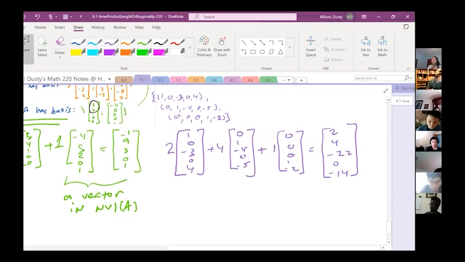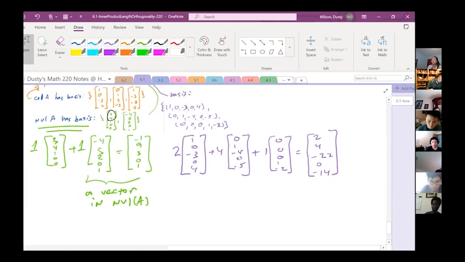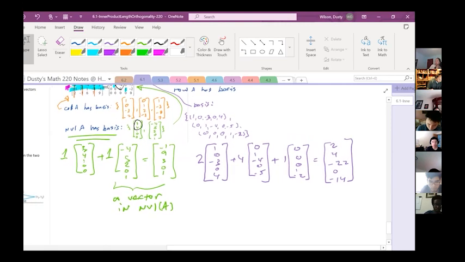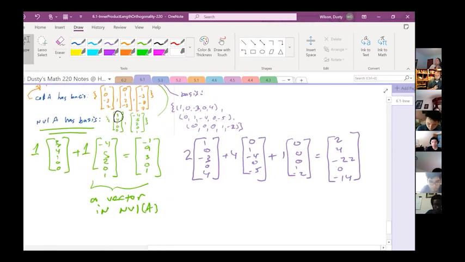The 0, not 0, should be 1. Oh, right here. Is that right? Now am I good? Cool. Thank you for correcting. It would make a difference.